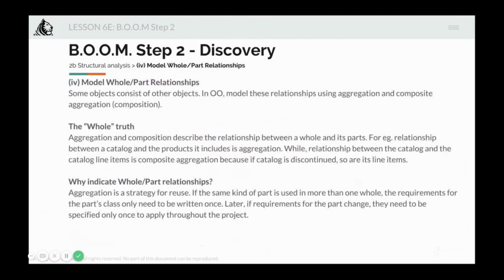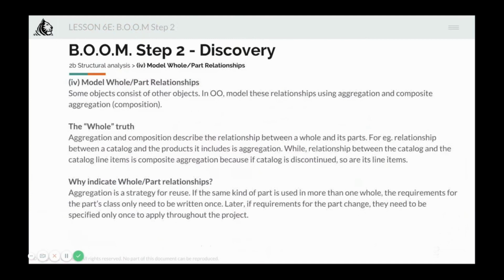Use the following guidelines to decide which of these relationships to use. If a part can belong to more than one whole and the part continues to exist when the whole is destroyed, model the relationship as aggregation. Words that suggest aggregation include collection, list, and group. If a part is totally owned by the whole and the part ceases to exist when the whole is destroyed, model the relationship as composite aggregation.